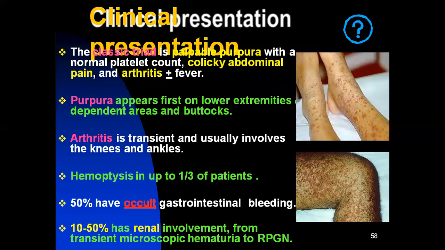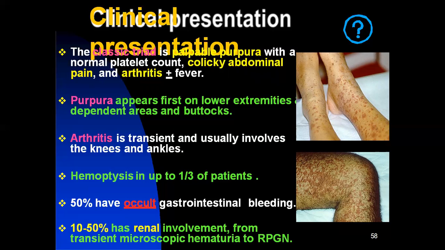The classical triad is palpable purpura with a normal platelet count, colicky abdominal pain and arthritis with or without fever. You can see the petechial hemorrhage on the skin in the picture shown with this slide. Purpura appears first on the lower extremities, dependent areas and buttocks. Arthritis is transient and usually involves knees and ankles.